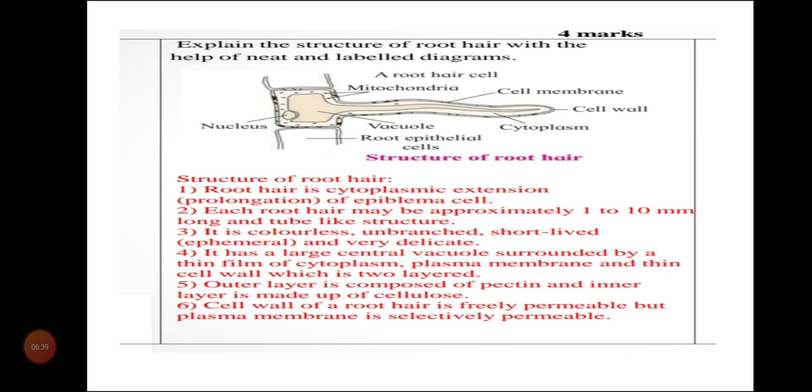The outer layer is composed of pectin and the inner layer is made up of cellulose. The cell wall of root hair is freely permeable, but the plasma membrane is selectively permeable. You need to write these points and you will get 2 marks for your explanation and 2 marks for your diagram. With this we have completed solving the question bank of chapter number 6.